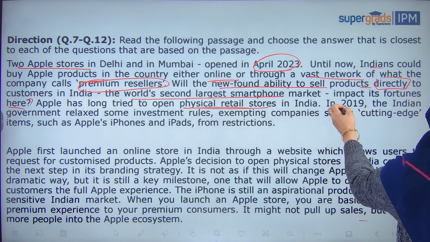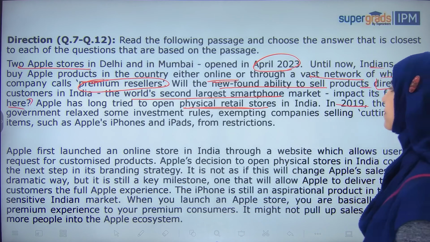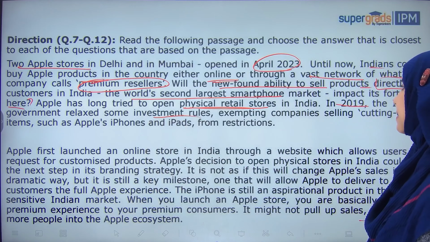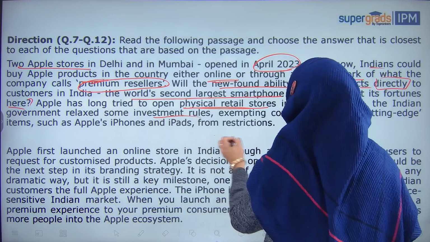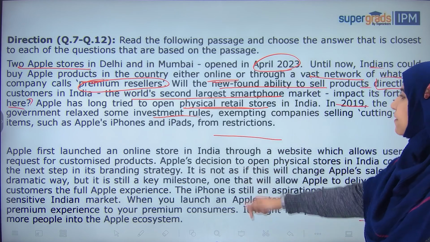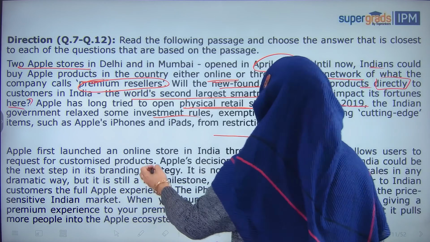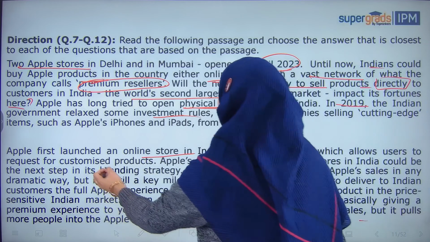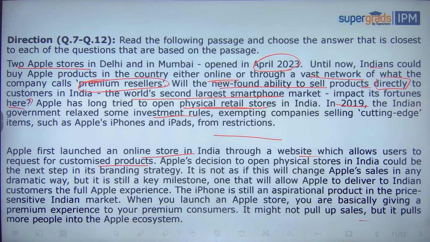In 2019, Indian government relaxed some investment rules, okay, and of course removed some restrictions. Apple first launched an online store in India through a website which allows users to request for customized products. तो अब ये बता रहा है हिस्ट्री के पहले कैसे उसने लॉन्च किया, एक ऑनलाइन स्टोर लॉन्च किया, उसके बाद में क्या हुआ, they decided to open physical stores in India.